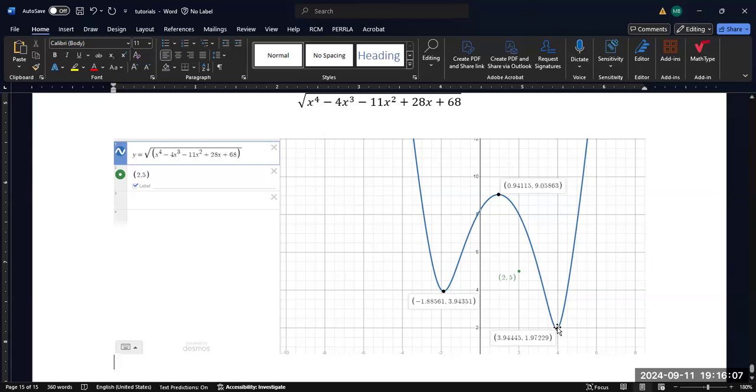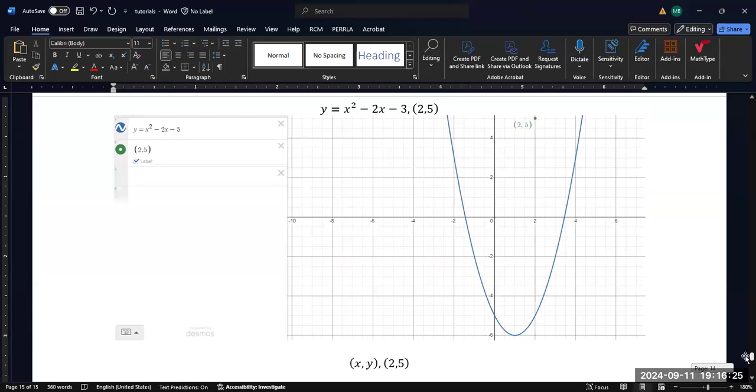So that's the absolute minimum distance. The closest point that you can get to is when x is about 3.94. The next closest point, a local minimum, is, as we saw from our original plot, somewhere around here, you're as close as you can possibly get.